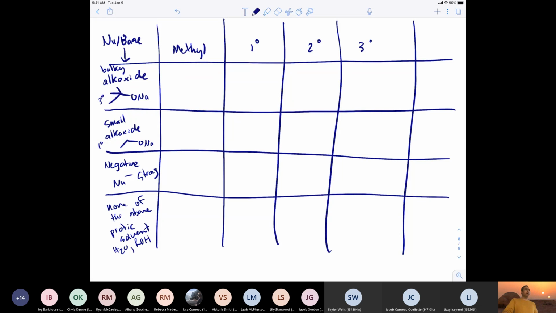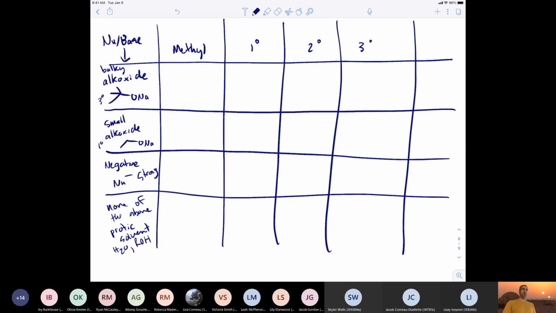All right, so we want to know what mechanism is going to happen for each of these. So what do we have? 16 squares. So you have to memorize 16 different sets of conditions. But you don't memorize. We don't want to memorize anything in this course. What you want to do is understand. We understand a lot.